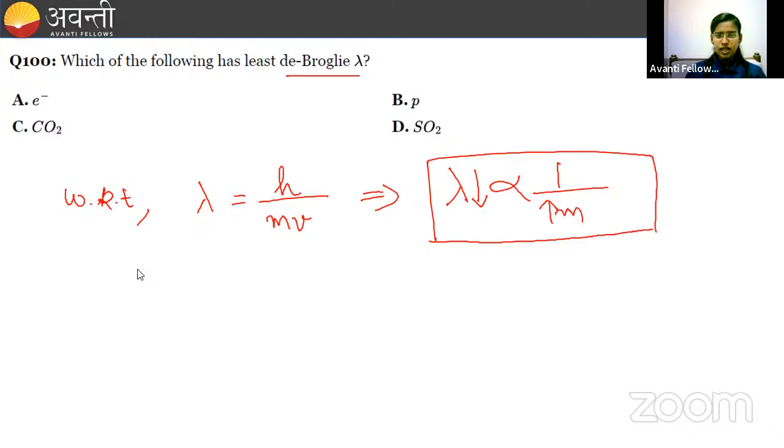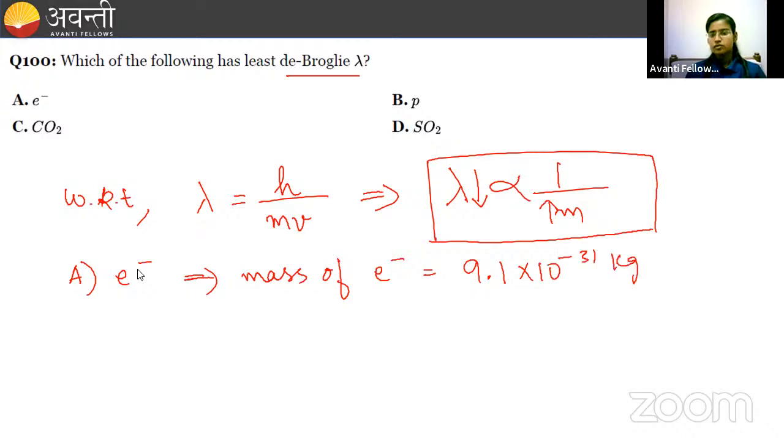In option A, we have electron. So the mass of electron is equal to 9.1 into 10 to the power minus 31 kilogram. Then coming to option B, we have proton. The mass of proton is 1.67 into 10 to the power minus 27 kilogram.